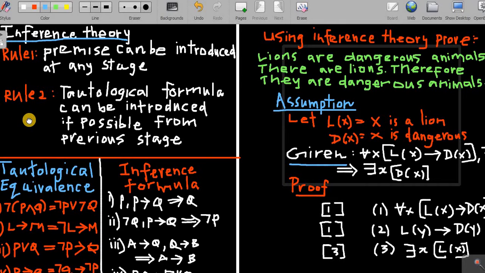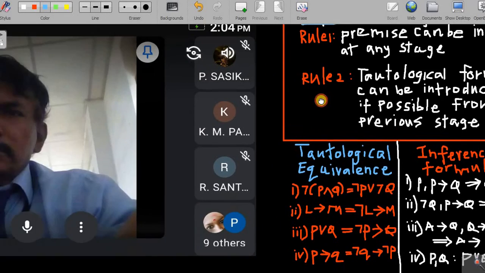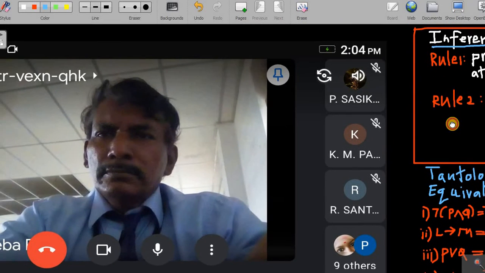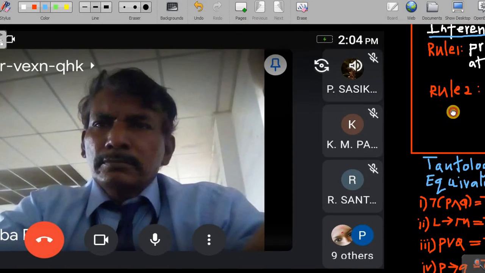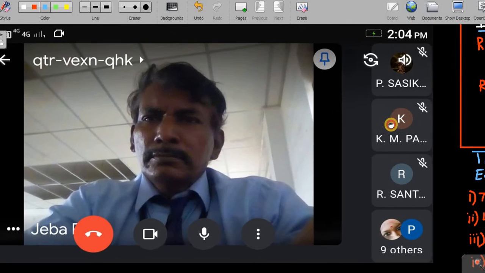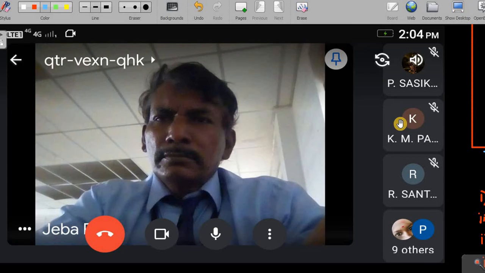Apart from this, there are other rules. That's called universal specification. If a rule is true for the universal, then it is true for a specified element. Or if a rule is true for a specified element, then it is true for the universal in the domain. Similarly, there's another rule for the existential quantifier. If there exists some x which satisfies the rule, then the rule holds for a particular element.